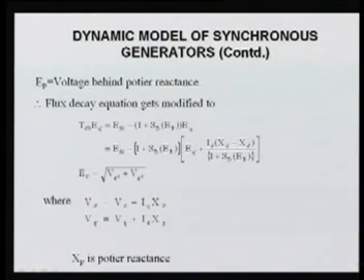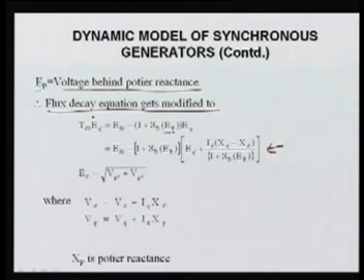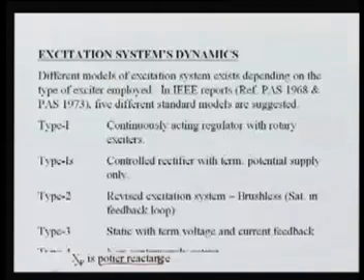EP is the voltage behind the Potier triangle. Again, when you study the synchronous machine in detail, you will find EP is the voltage behind the Potier triangle. Then the flux decay equation gets modified to TDO prime dEQ prime by dt. This is one differential equation, and then we put that value, simplify it, and finally get this expression, where XP is nothing but the Potier reactance.